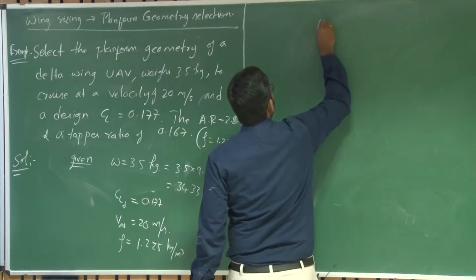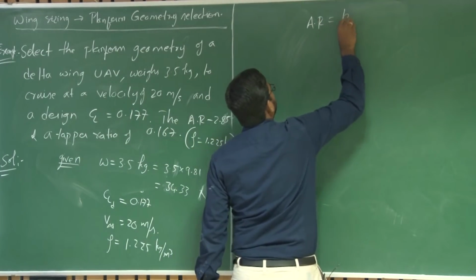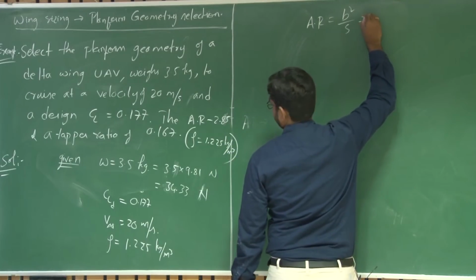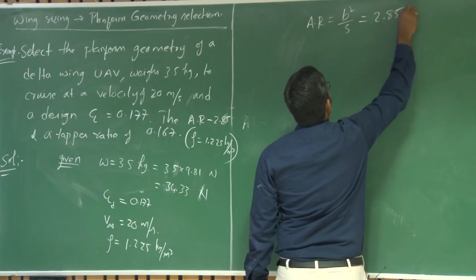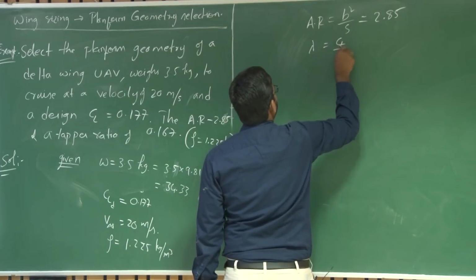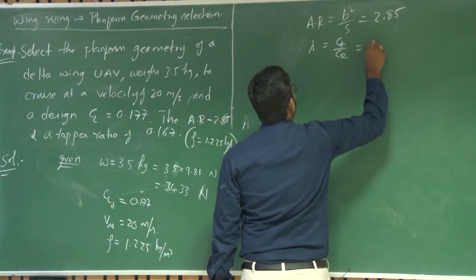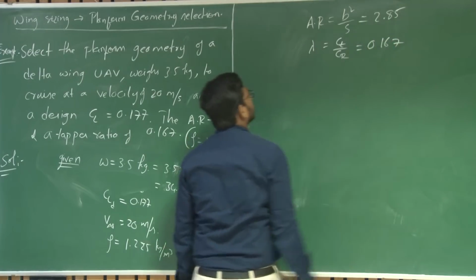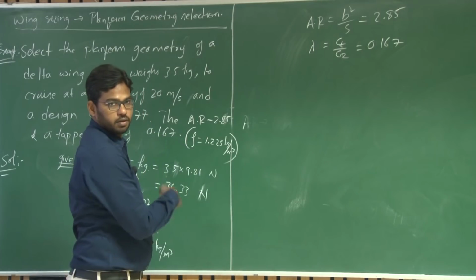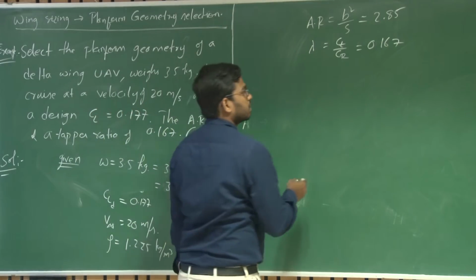Aspect ratio is given as an input, so b square by S is equal to 2.85, right, and taper ratio lambda, Ct by Cr, is equal to 0.167, right. Now let us figure out the planform area required to start with.